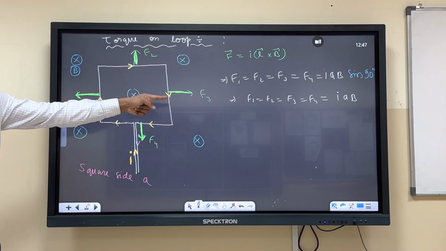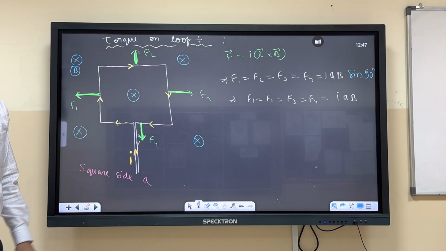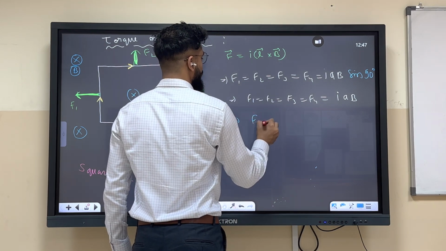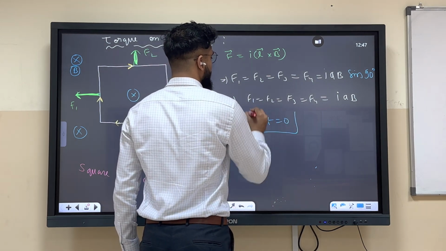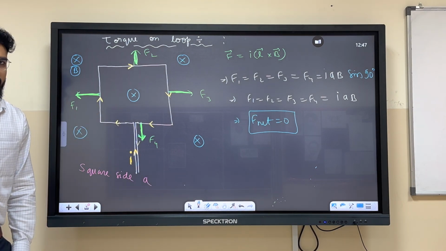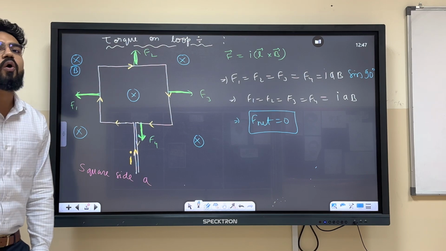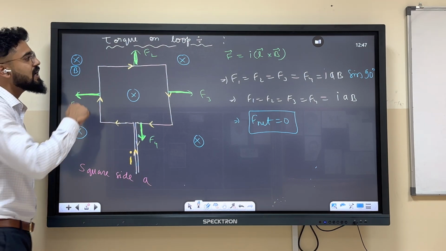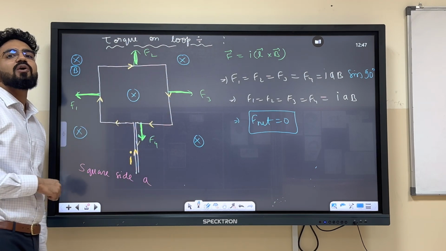This force cancels this one, and this force cancels that one. So F net over here is 0. And in this case, I am only telling you, after some time you can also calculate it, that the torque will also be 0.